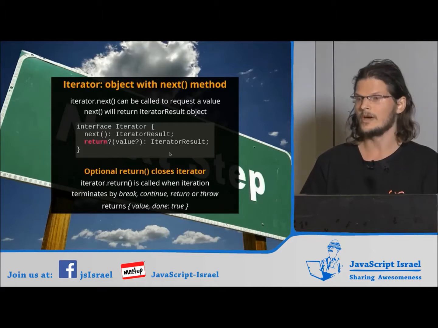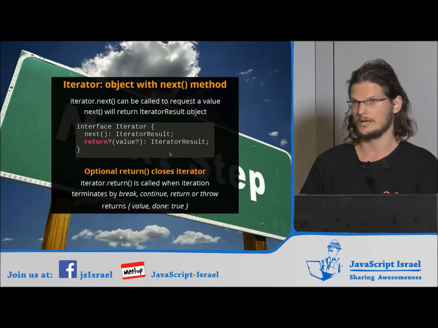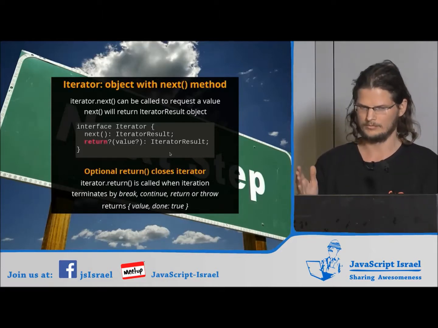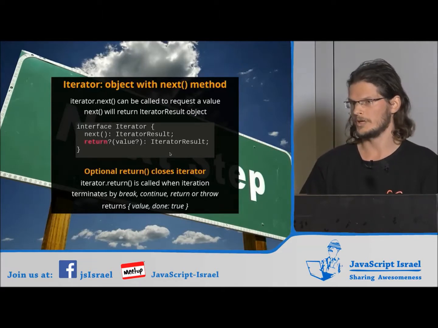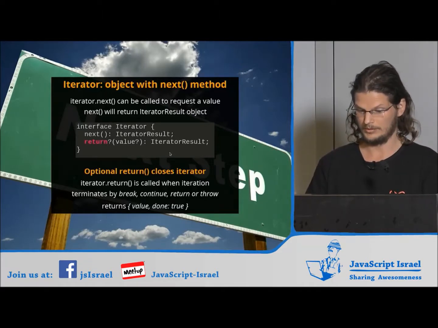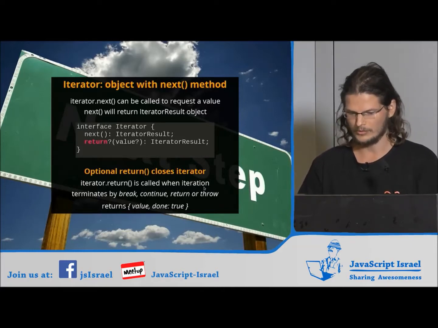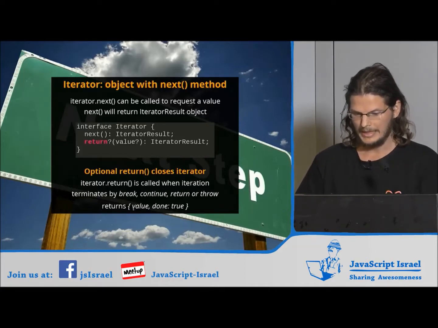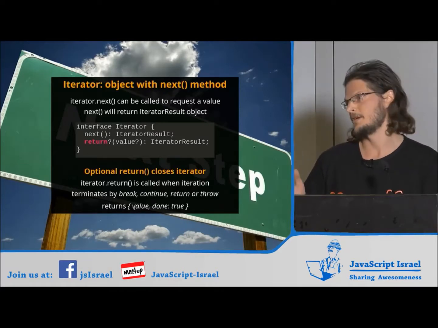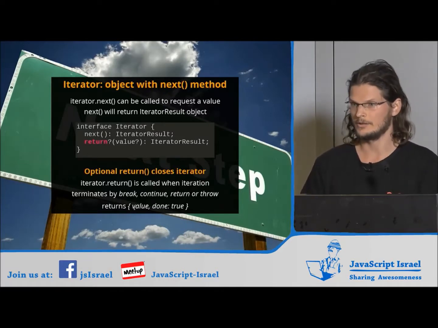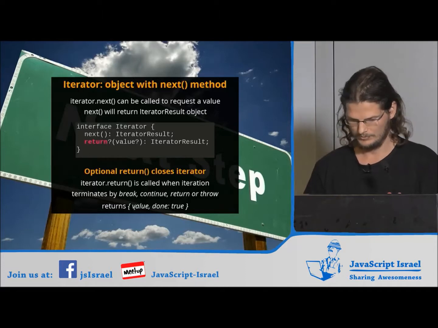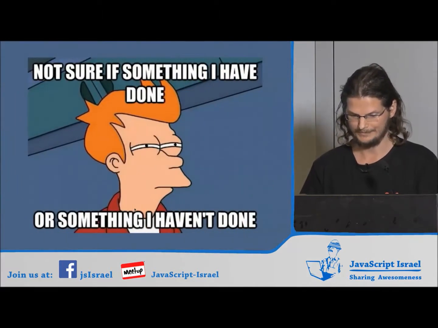But basically, when you have iteration which is either interrupted or terminated using break, continue, return, or throw clauses, it stops the iteration. And you can handle that to do cleanup and things like that.